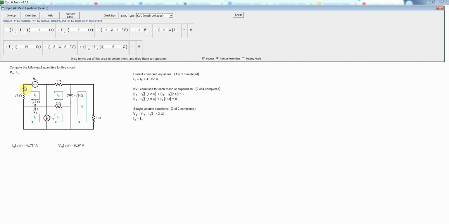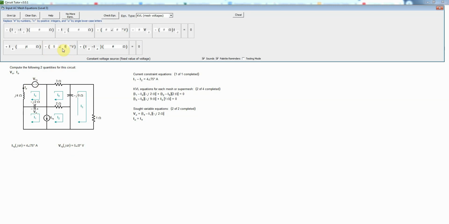Then we have this next voltage drop, but actually we see this voltage source is causing a rise, in a sense, because we go from negative to plus. That's going from low to high. So therefore we need a minus sign in order to add its drop. So we put a minus sign there, and then the value of the source V1S is 5 angle 0, so we can put 5 angle 0. Or we could make this 180 degrees and make this a plus sign.